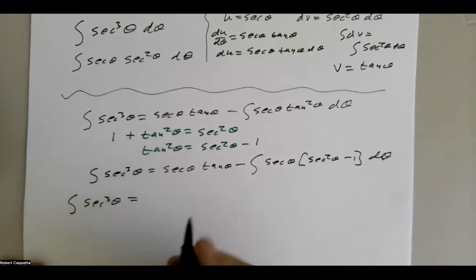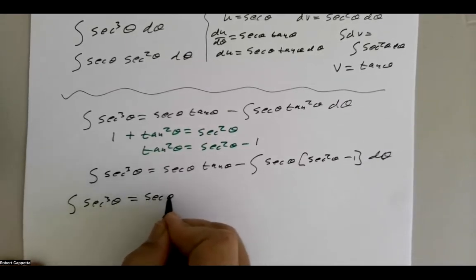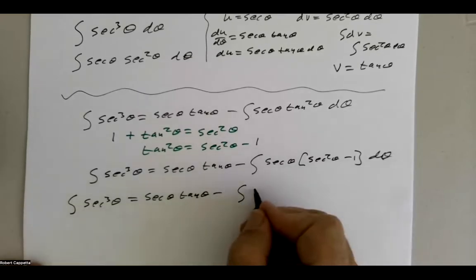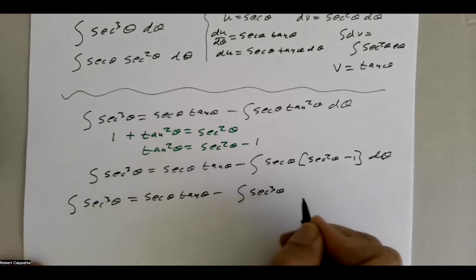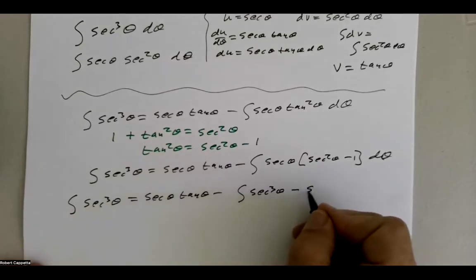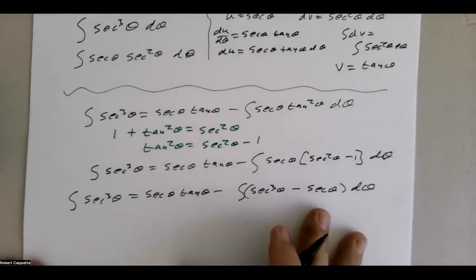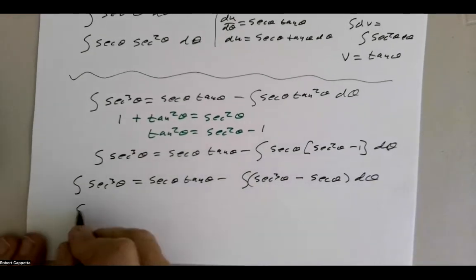The integral of secant cubed theta equals sec theta tan theta minus the integral of sec cubed minus sec theta d theta.